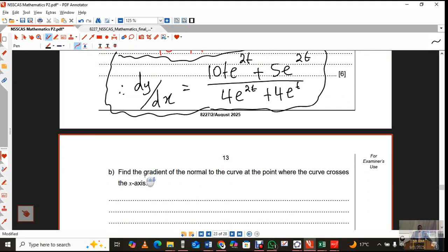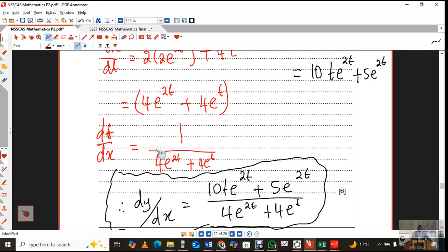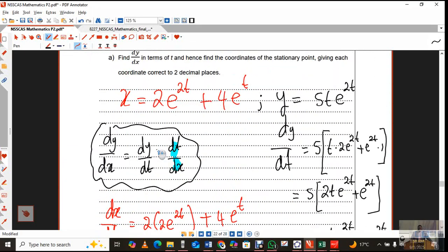Okay, they say find the gradient of the normal. I don't know if that is at the curve where the point crosses the axis. I believe I have not finished with the question.